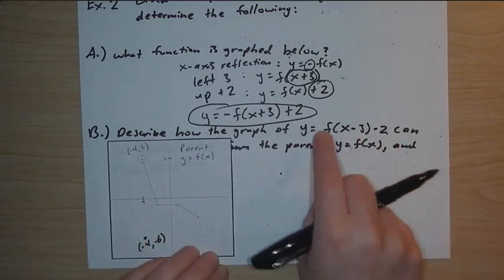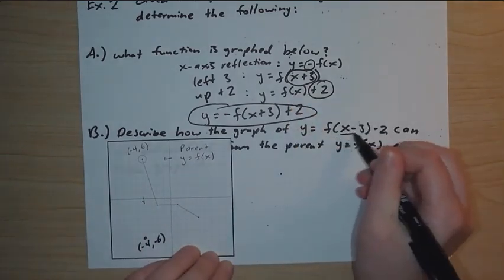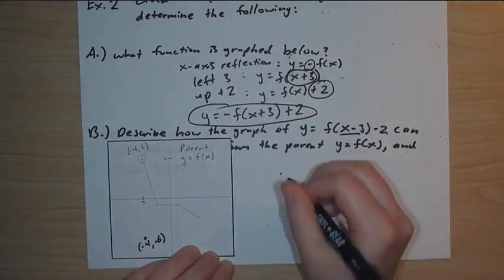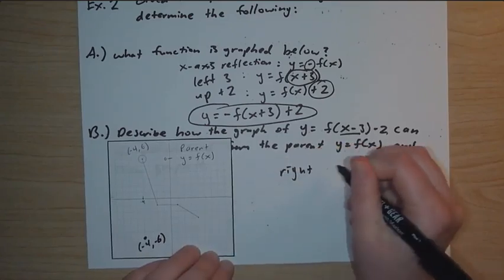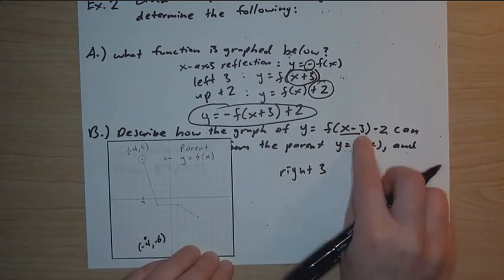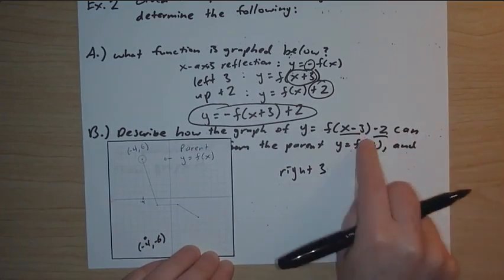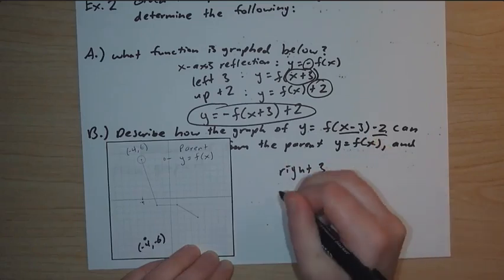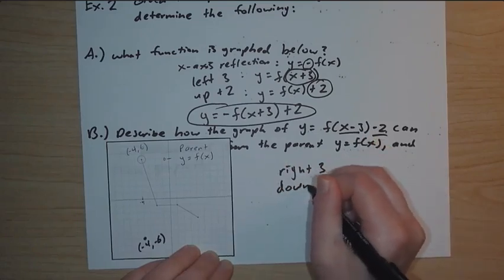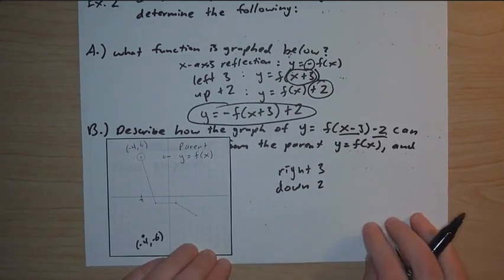We've seen this pattern before. We know that this right here is going to be going to the right 3 spaces. And we know that if it's outside the parentheses of our f of x function, if it's minus 2, it's going to be going down 2. And there's nothing else.